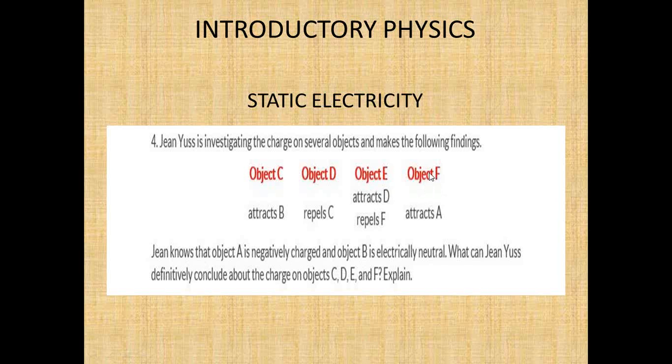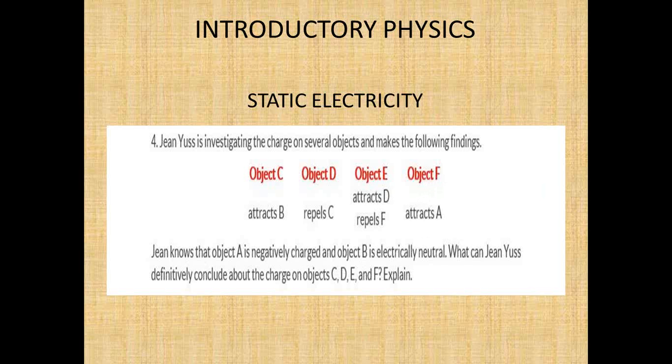So if F attracts A, F is either positive or neutral. Since F is attracting A, it can only be positive or neutral. So let's put it down: F is positive or neutral.